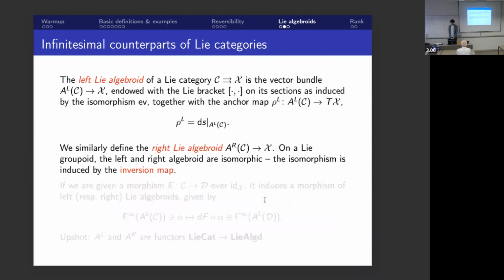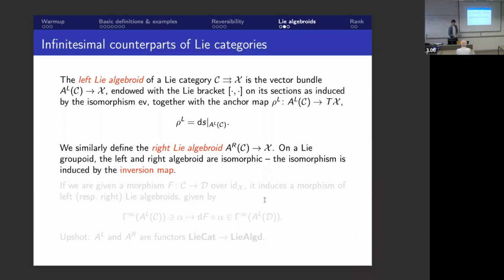Okay, so now finally let us define what a Lie algebroid of a Lie category is. Well, of course, we have two possibilities of how to define the Lie algebroid. We can take either left invariant vector fields or right invariant vector fields.